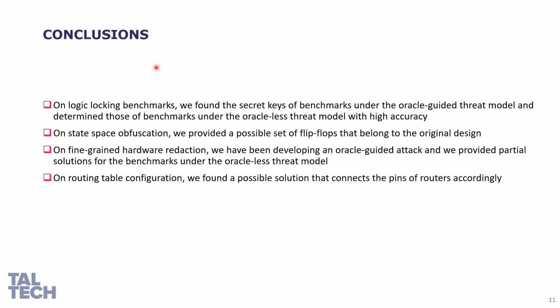And for the fine-grained hardware redaction, we have been developing a tool that is based on the Oracle guided threat model. And for the Oracle-less threat model, we found a key that is actually a key guess, and we provided the solutions. For the routing table configuration, we found a key that is actually a key guess. This key guess is a configuration of the muxes that routes the path of the routers in the obfuscated design.